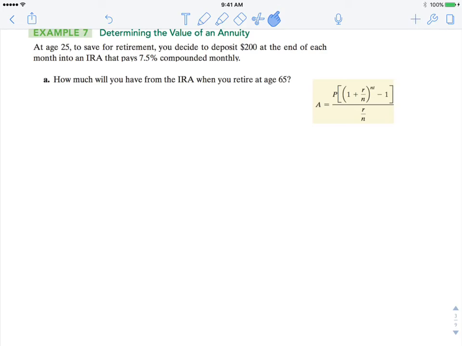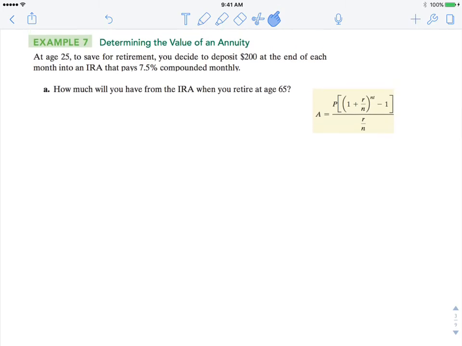So our first example, example 7, is: at the age of 25, you start a retirement account. You decide to deposit $200 at the end of each month, and the bank pays you 7.5%, compounded monthly.